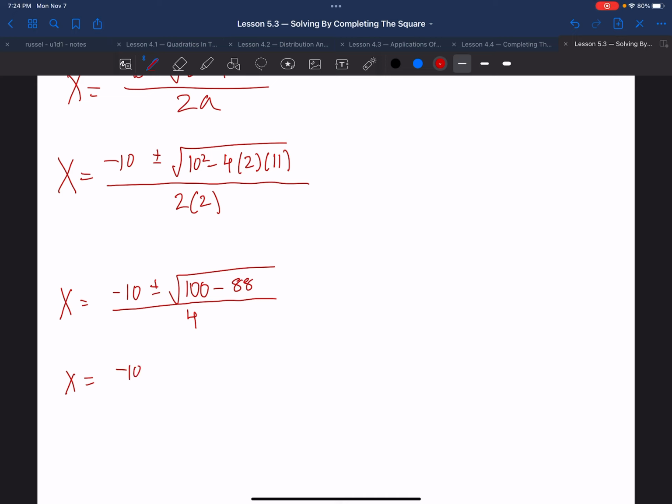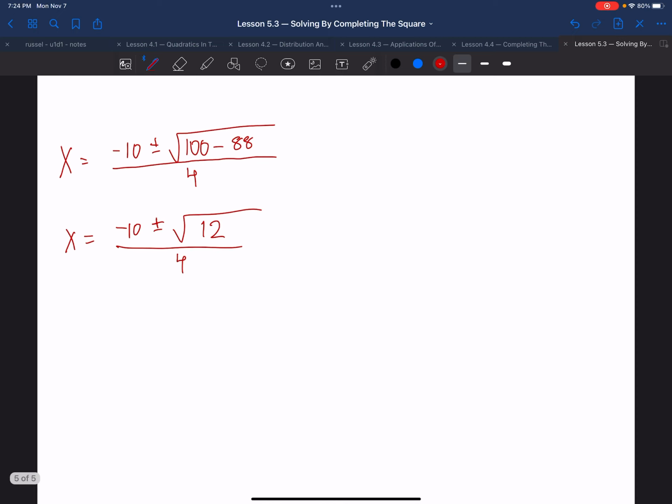So then I will say plus or minus the square root of 100 minus 88, is that 12? Okay, all over 4. But of course, the square root of 12 equals the square root of 4 times 3, which equals the square root of 4 times the square root of 3, which equals 2 root 3.